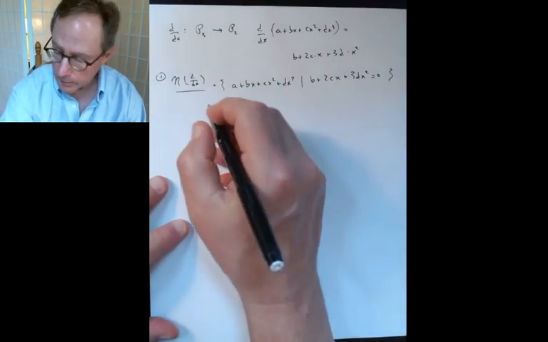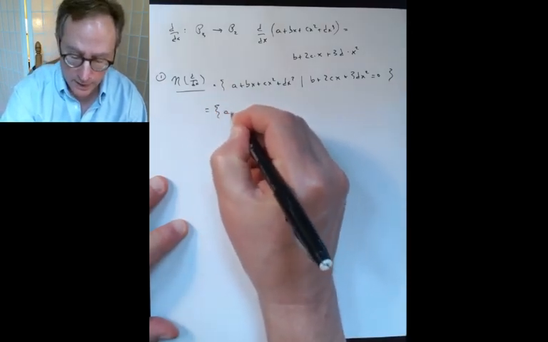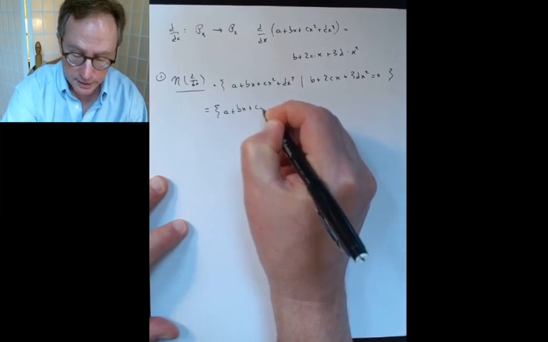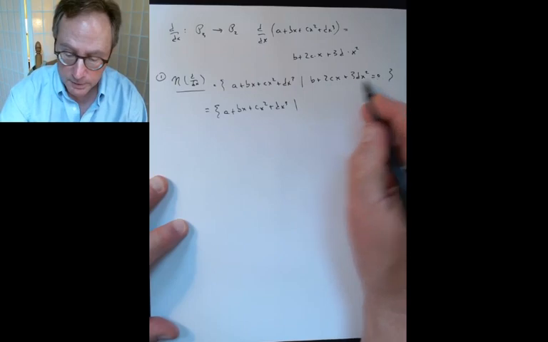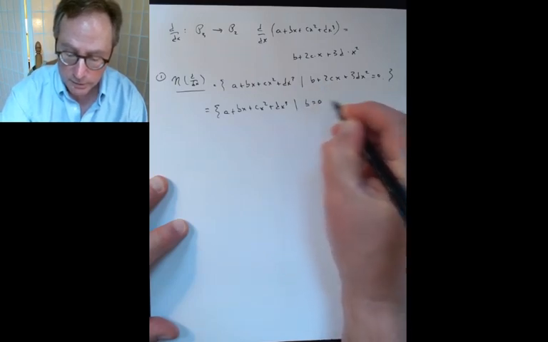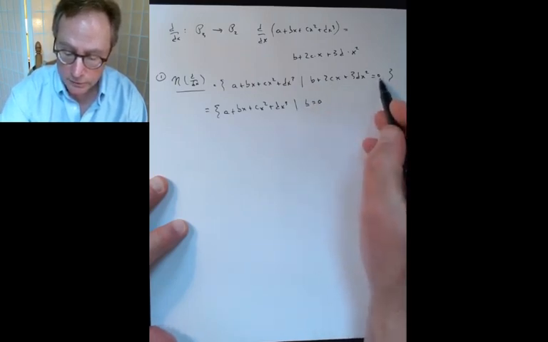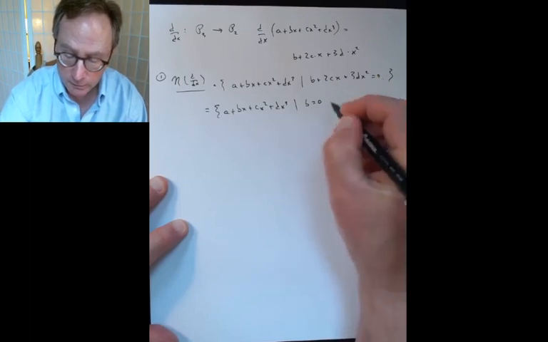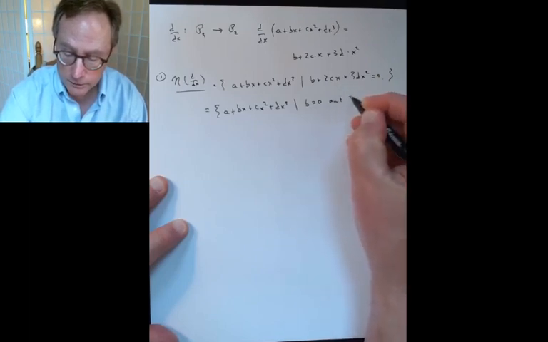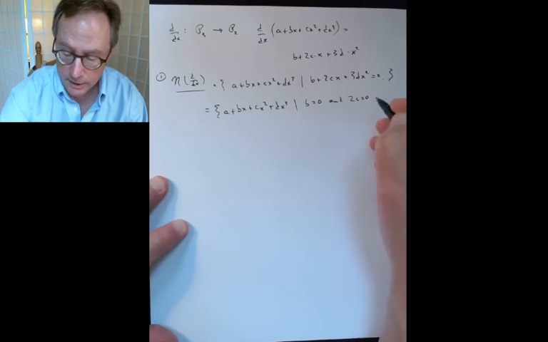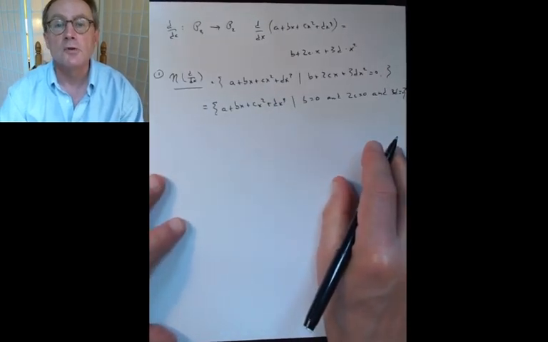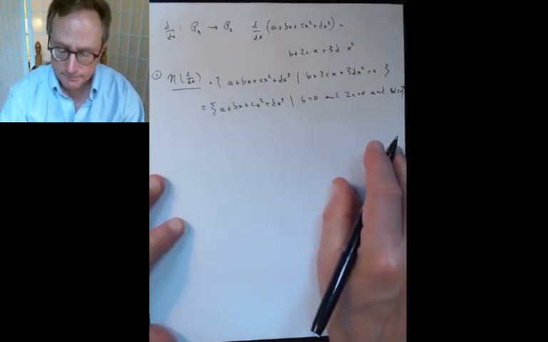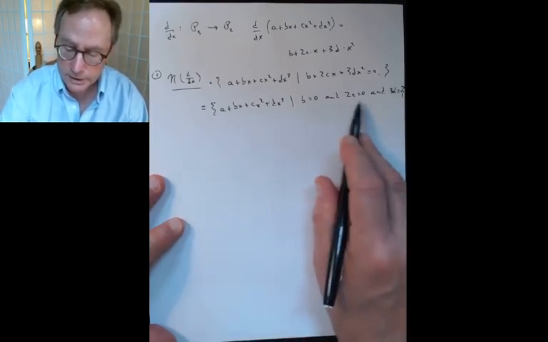So to be the 0 polynomial, I need b equals 0, 2c equals 0, and 3d equals 0. So basically, b equals 0, c equals 0, and d equals 0.